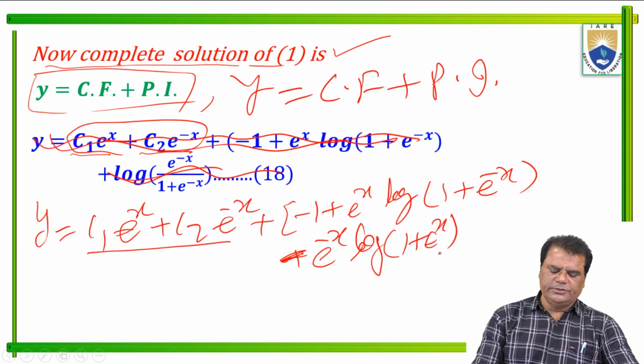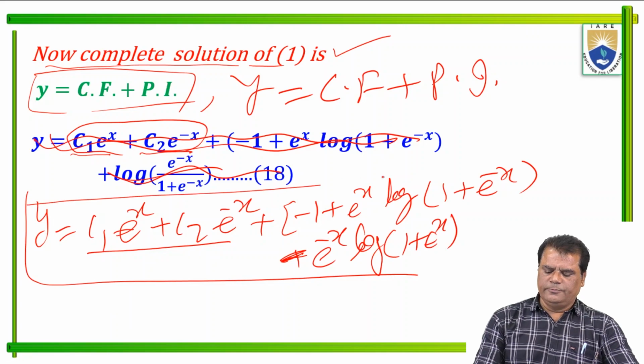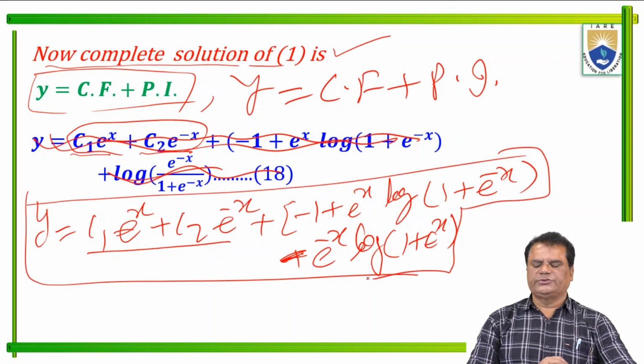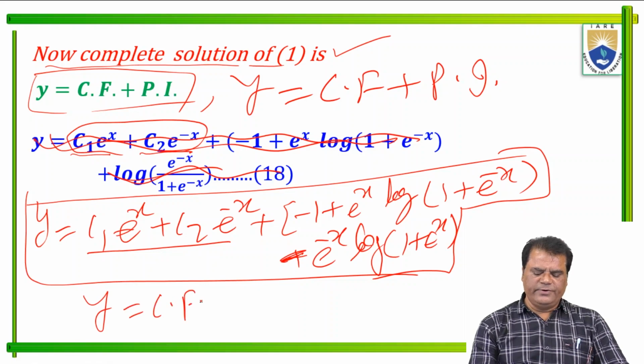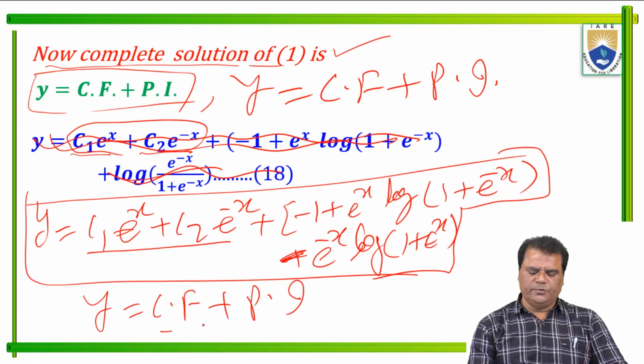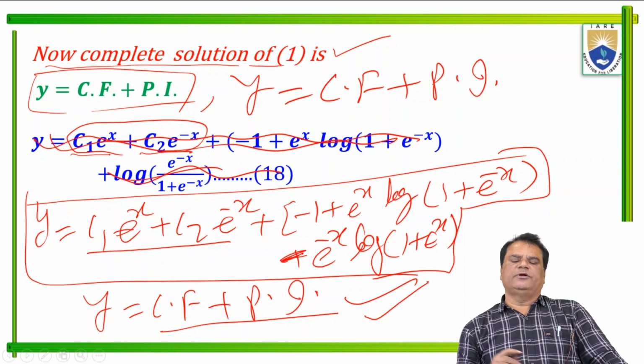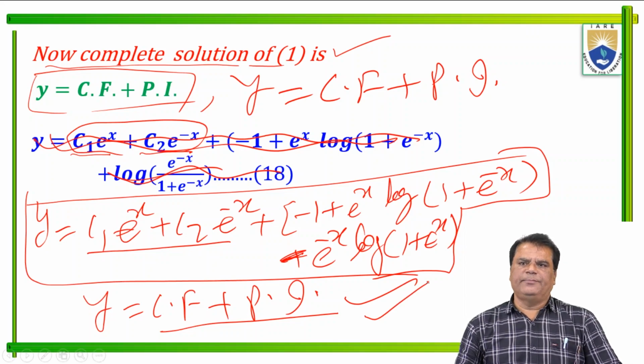Okay. This is the complete solution. This is y is equal to, this is CF and plus this is PI. Okay. This problem is solved with the help of variation of parameters.